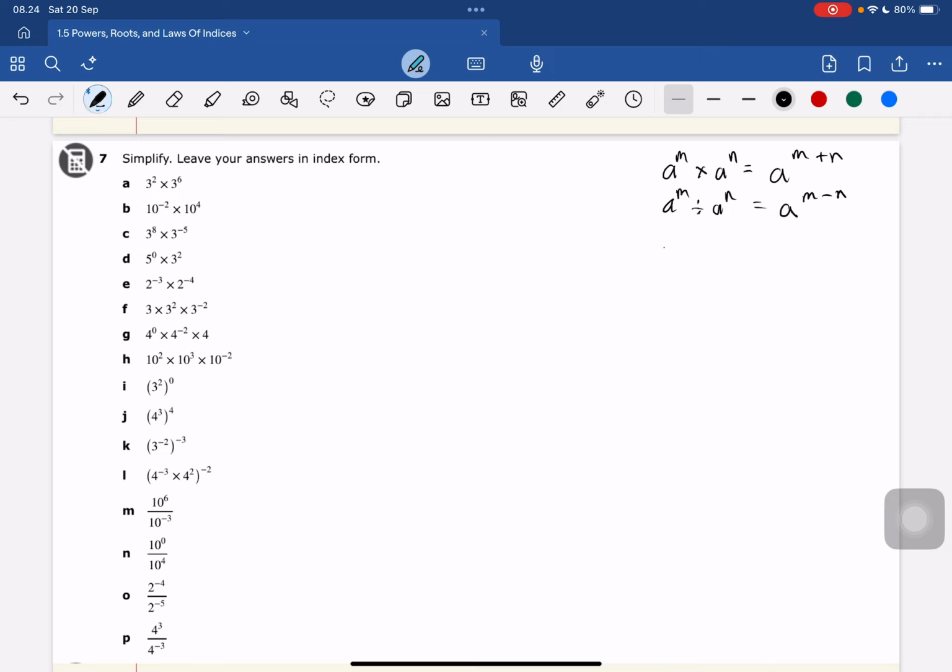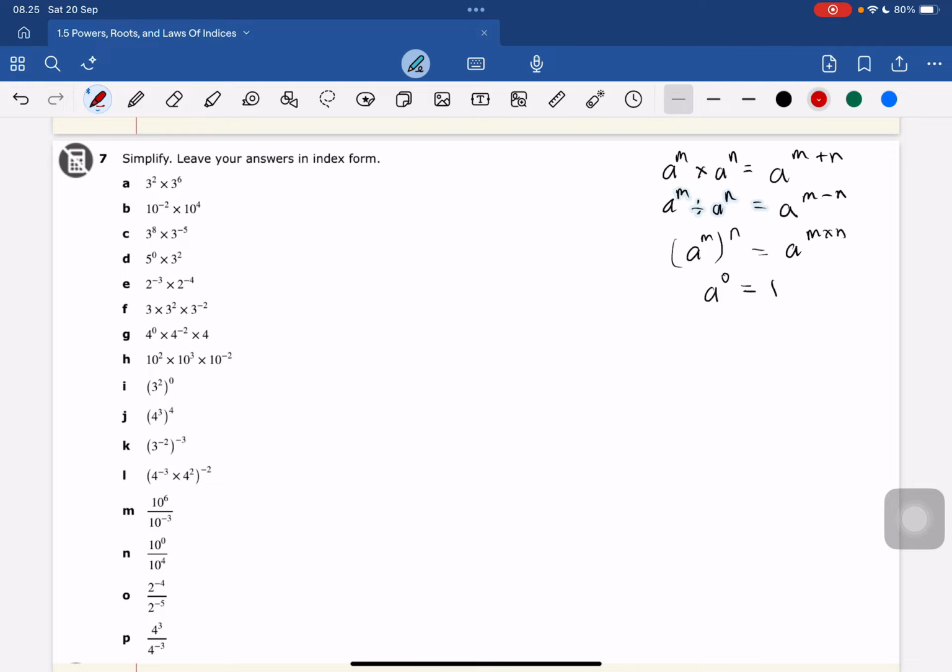Next, if we have a power of m and then raise it to the power of n, we just multiply. And the last, we need to remember a power of 0 is 1. So anything with power 0 is going to be 1.